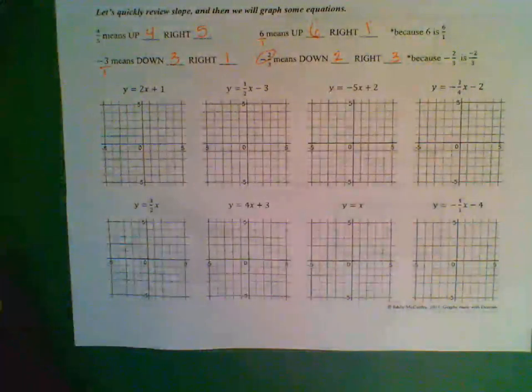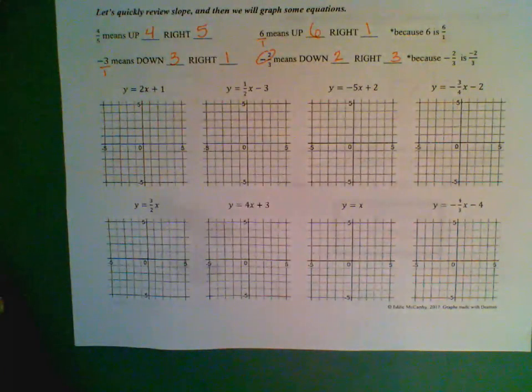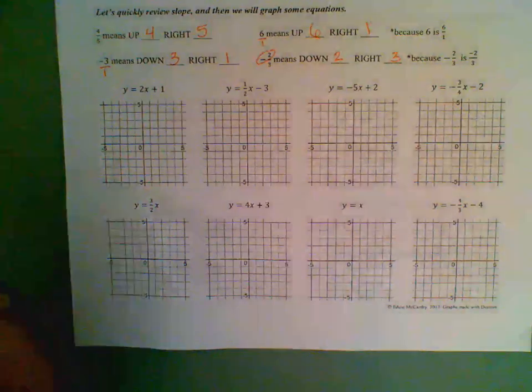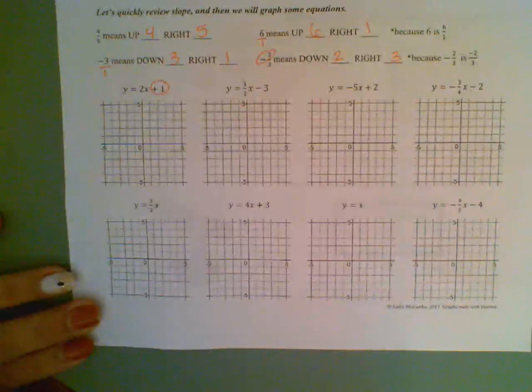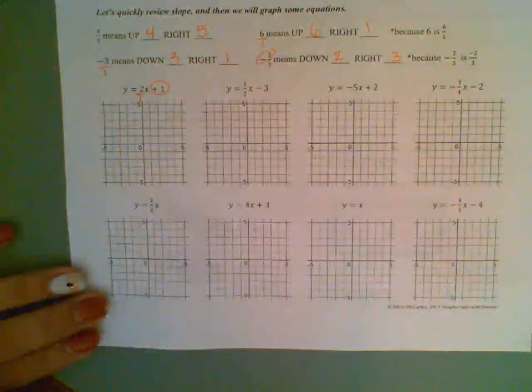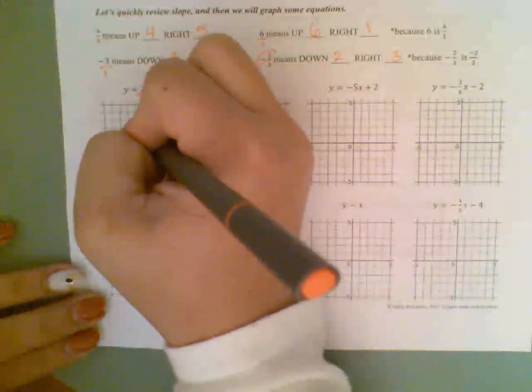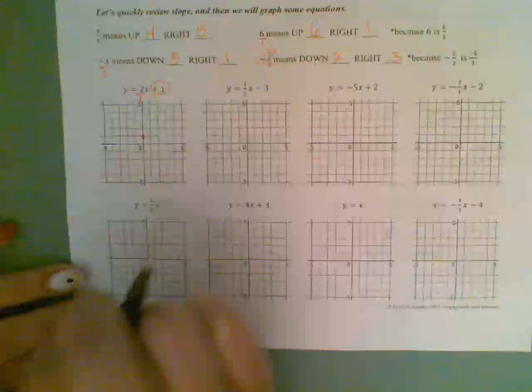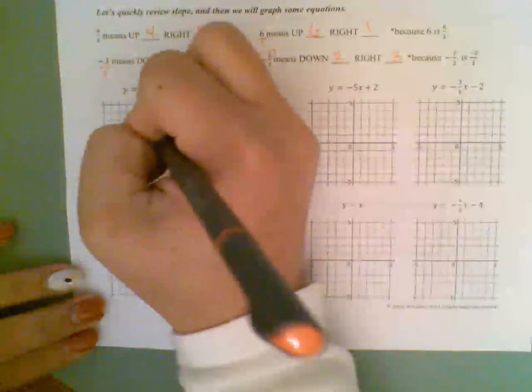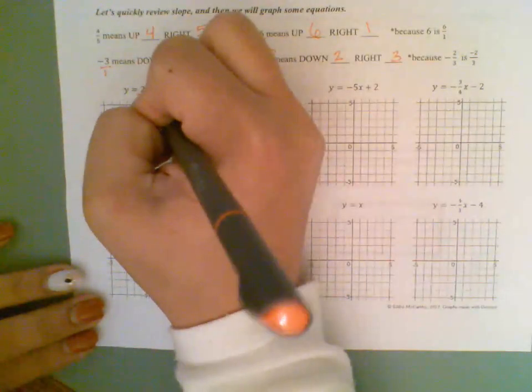The next part is, given the equations, we're going to graph again. Again, you're always starting here. You're always starting at the number at the end, and the number with the x is your slope. So here you're starting at 1, which means the y-axis of 1. Right there's your start point. And we're going up 2, right 1, up 2, right 1.